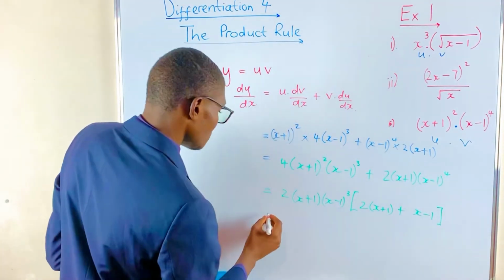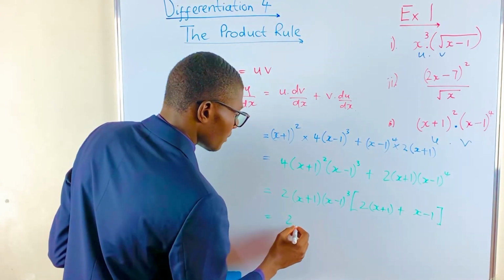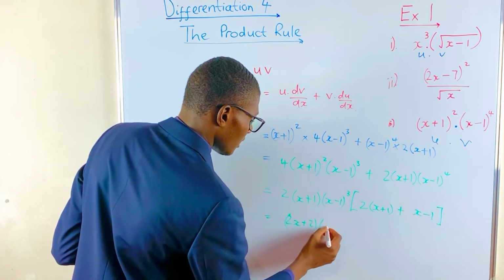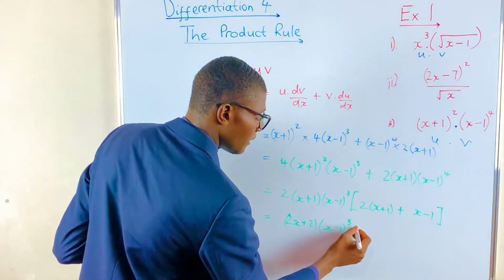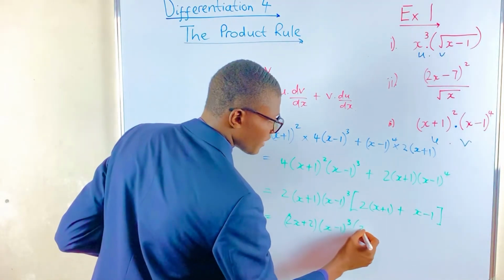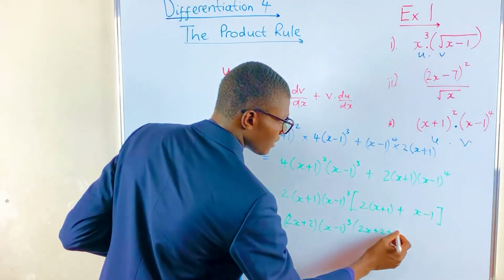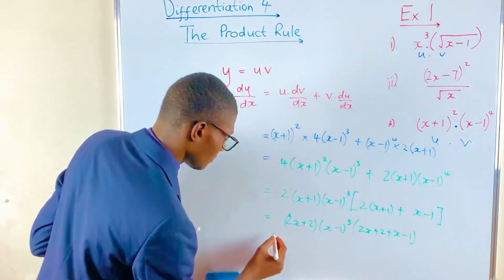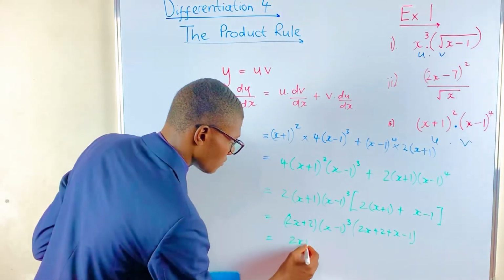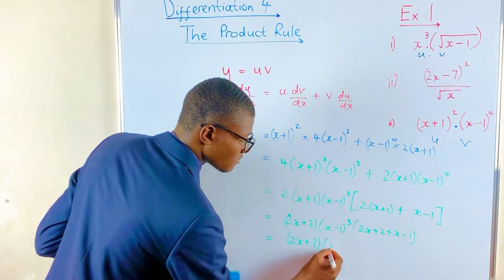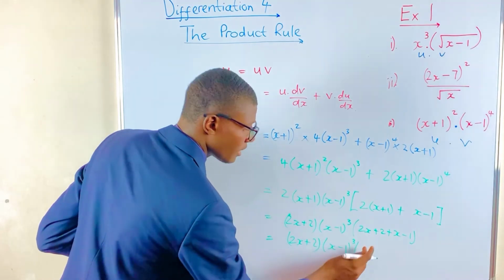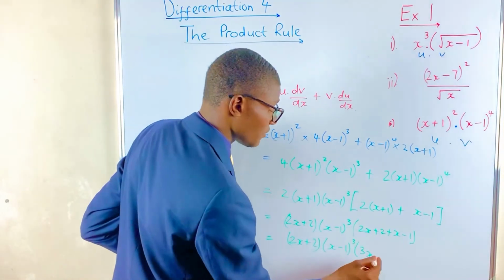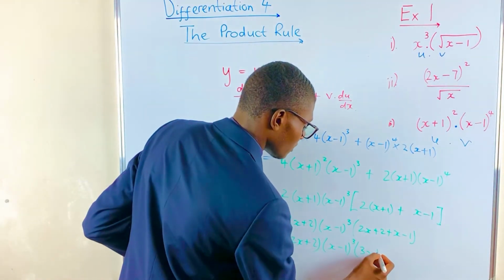So now we further simplify this too. We can even rewrite it as 2x plus 2, then (x minus 1) to the power of 3. Then this will simplify to 2x plus 2 plus x minus 1, which we can go further to simplify to (2x plus 2) times (x minus 1) to the power of 3, then 3x, because we're saying 2x plus x, we get a 3x, and then 2 minus 1, we get a 1.